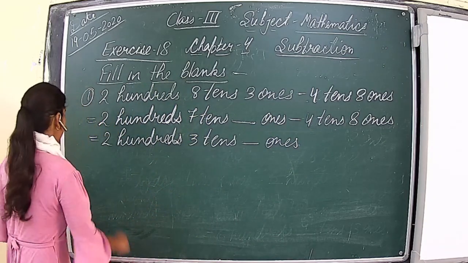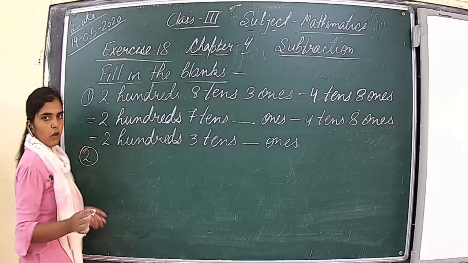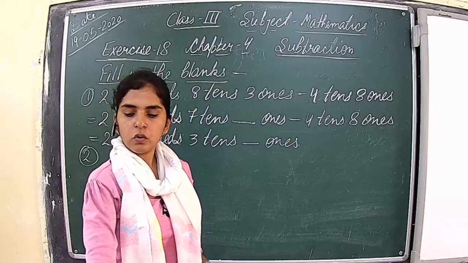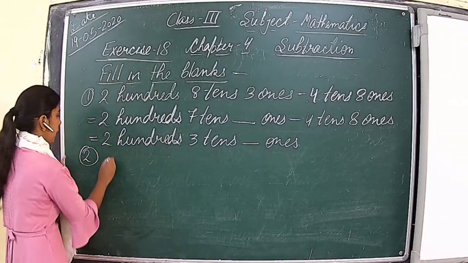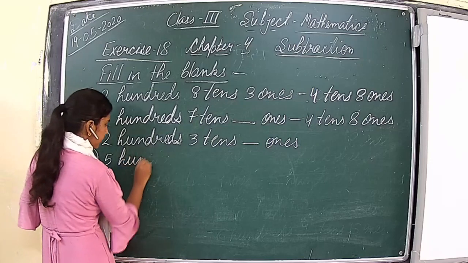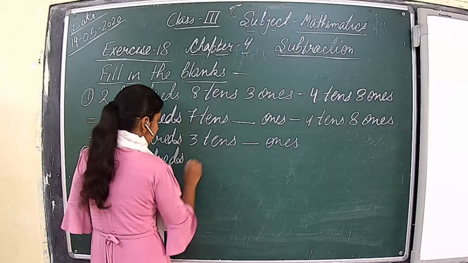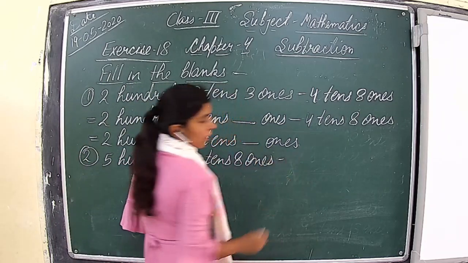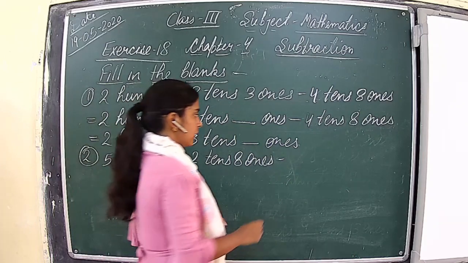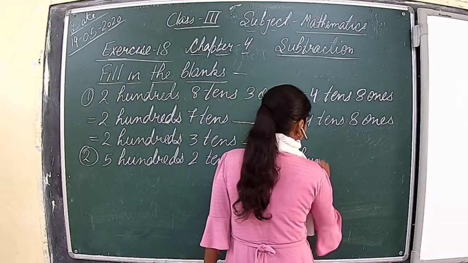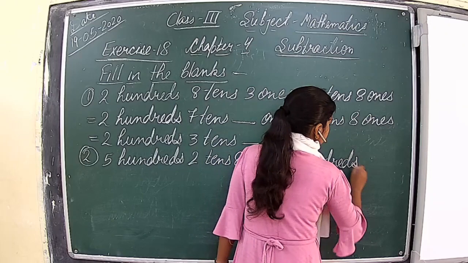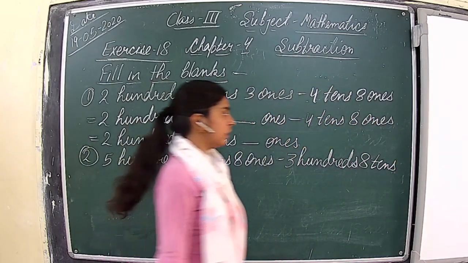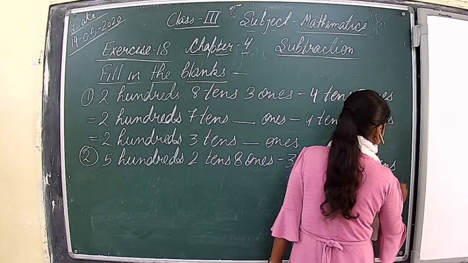Now let us write the question number 2 and then we will solve both of them together. Question number 2 is 500, 2 tens and 8 ones minus 300, 8 tens, 3 ones.